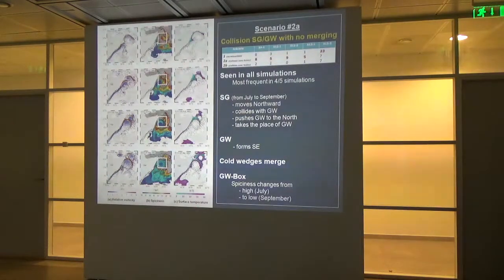If we look at the cold wedges, you have one here north of the Great Whirl and one here north of the Southern Gyre. We can see that the two wedges are merging to end up with one cold wedge, but the two eddies didn't merge.